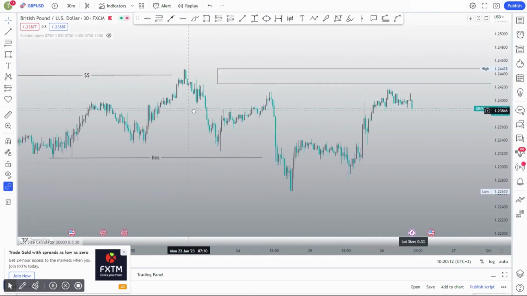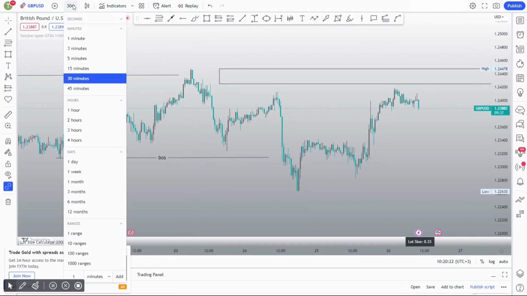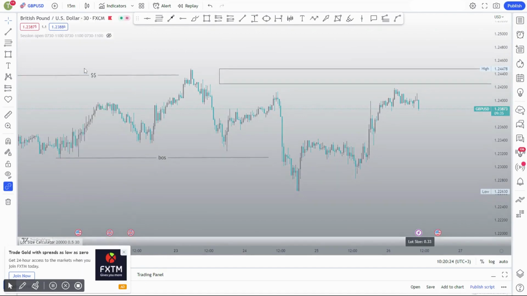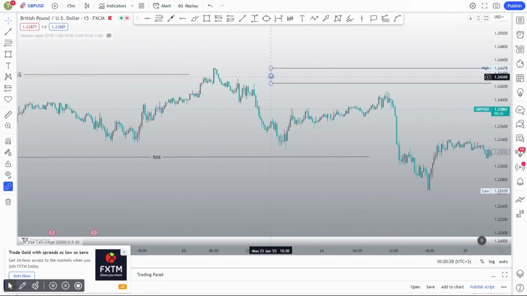Let's go to 30 minutes. You can see still the same order block on 30 minutes, which means these are very strong order blocks. So let's have a look at the lower time frame on 15 minutes. Still the same thing.